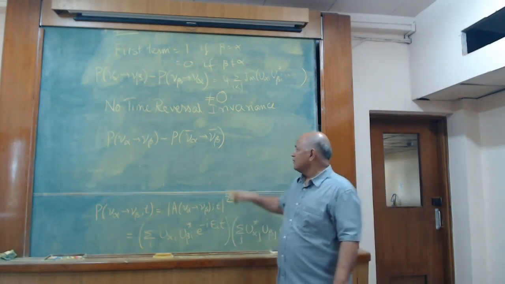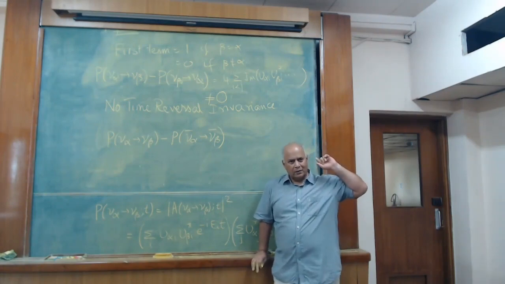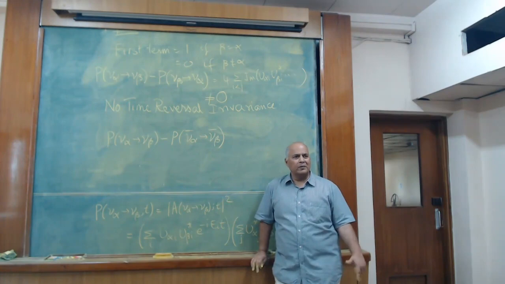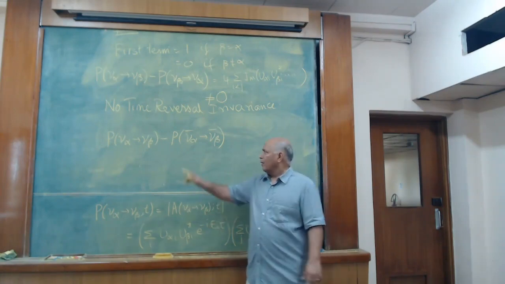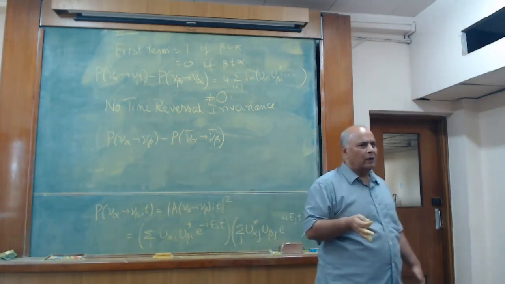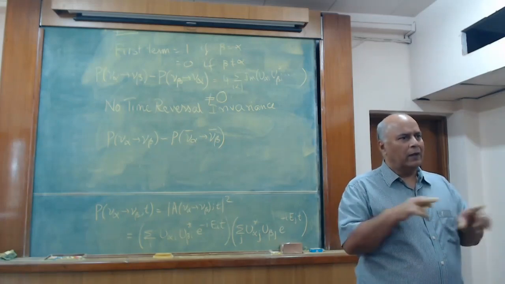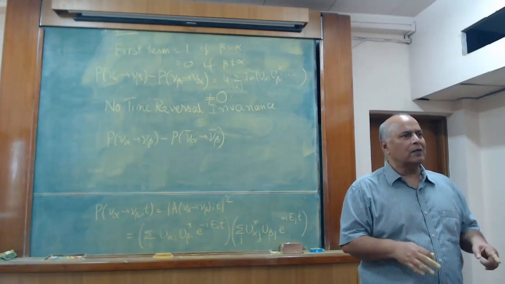So when I consider this probability, I have to replace all the mixing matrix elements by their complex conjugates. If I do that and take the difference, you will notice that the real part cancels once more and the imaginary part adds up.